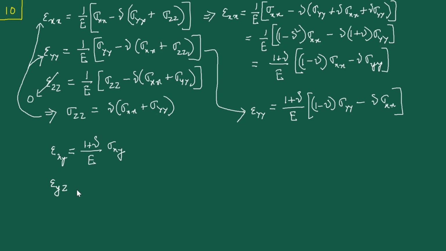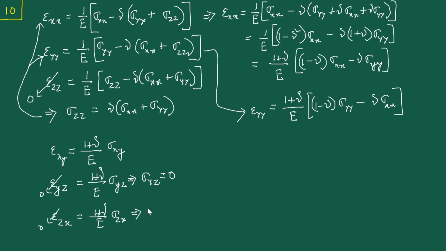Epsilon yz, however, is 0. Okay, so epsilon yz is 0, which implies that sigma yz is 0. So that is just like the plane stress condition. And finally epsilon zx is also 0, and so the sigma zx is also going to turn out to be equal to 0.